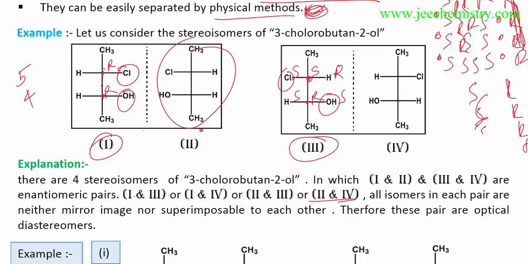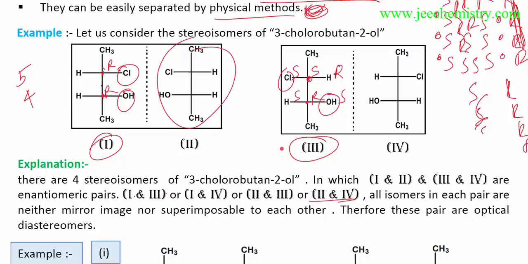But for a standard definition, if in an examination a question is given and the compounds are not mirror images and not superimposable to each other, and they have the same structural formula and same molecular formula, then they will definitely be diastereomers. Because if 2 compounds are not mirror image and not superimposable, then there is a general behavior that at least one R S absolute configuration must be different in the other compound.